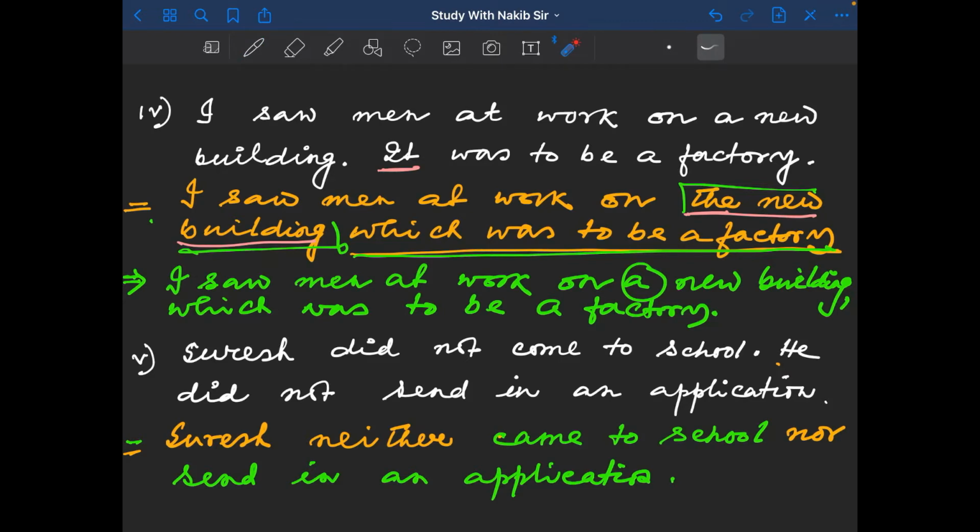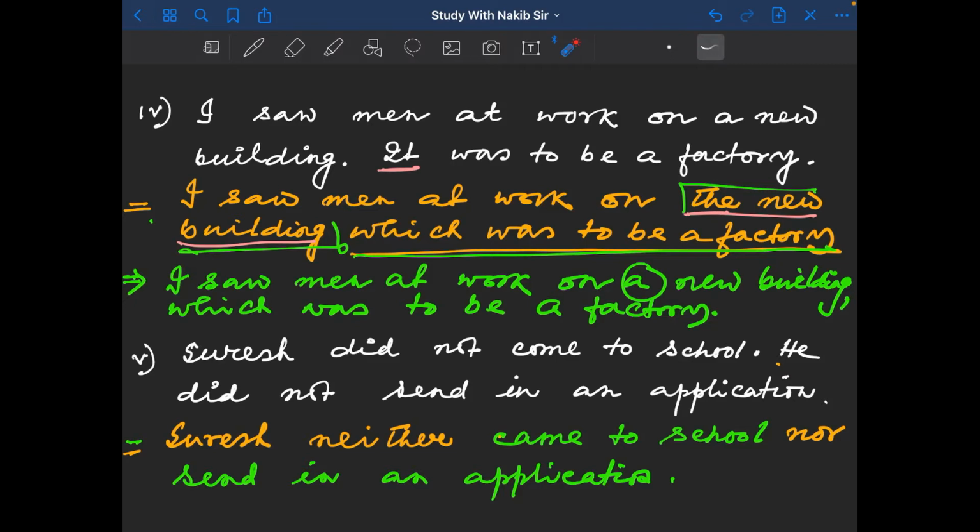The choice is between came to school and send in an application. He did neither. So your combined sentence is Suresh neither came to school nor sent in an application. Okay, this is your answer.